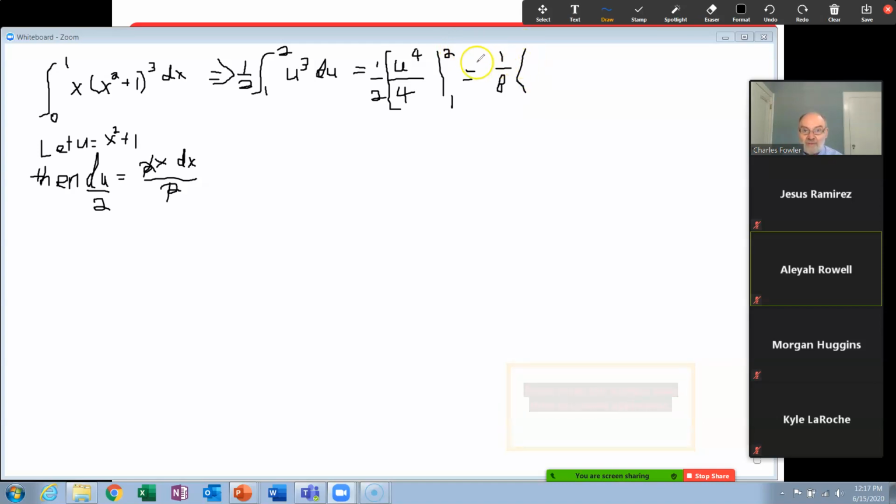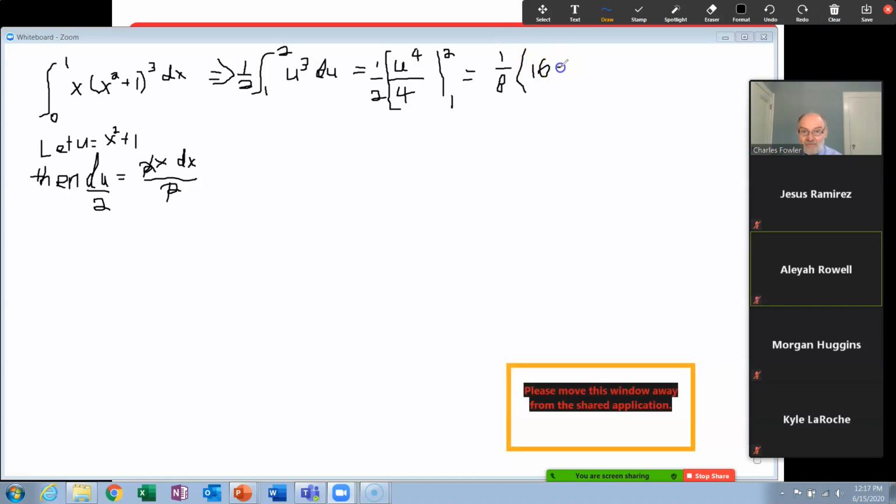You're plugging this 2 in for that u. 2 to the 4th is 16. And I think I can do the next one. 1 to the 4th power is, let me scratch my head, where's my calculator? Oh, it's 1. So this becomes simply 15/8.